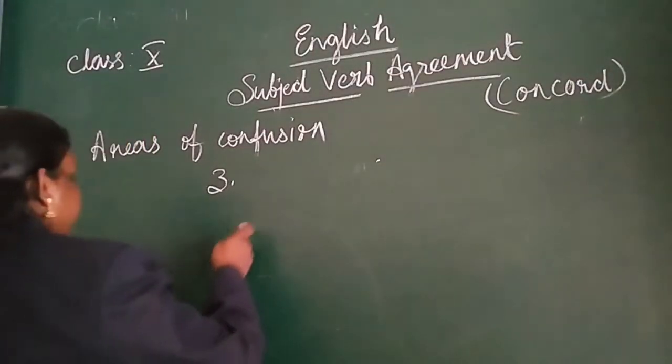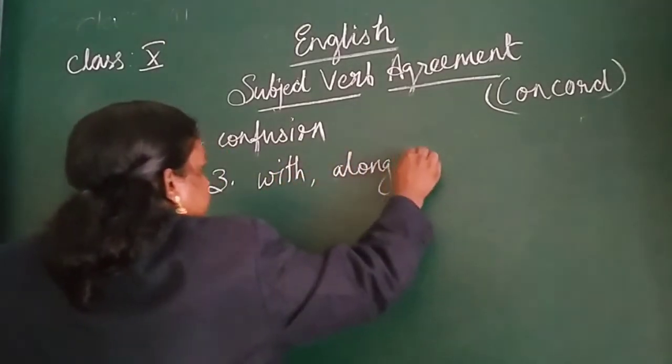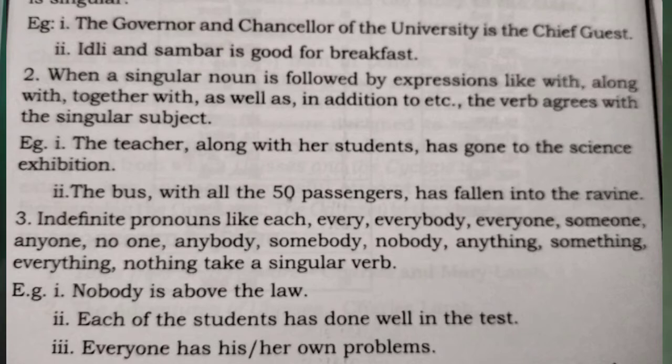I'll write here: with, along with, as well as, together with, in addition to. With the noun, if these words are there, it will also take a singular verb, not subject, singular verb.